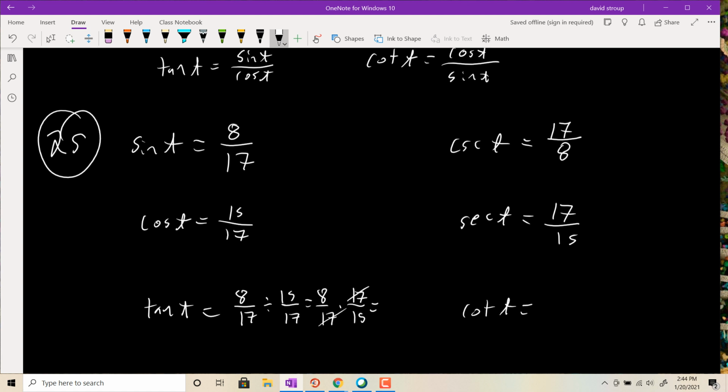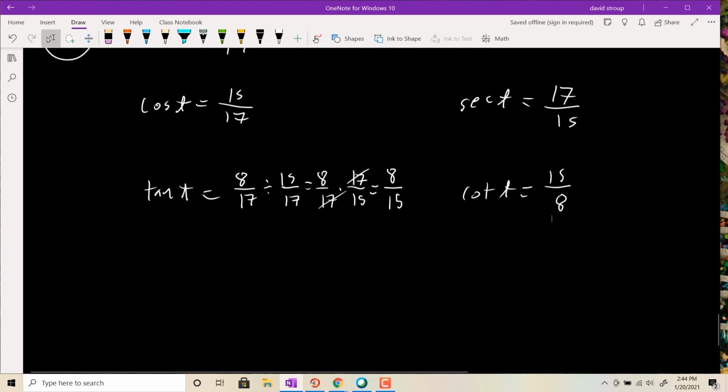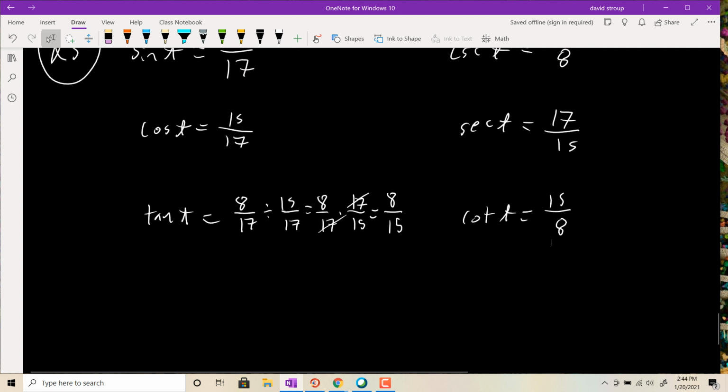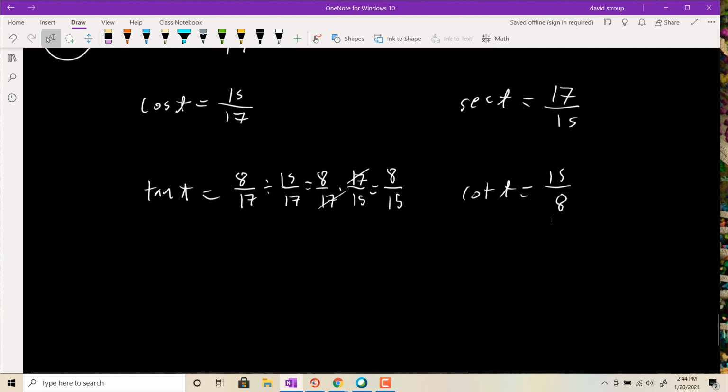And then the 17s cancel, and you have 8/15. Okay. And then cotan is just the reciprocal of that, so you just flip it, and you get 15/8. Okay. So it's a little time-consuming, but hopefully it's like riding a bike. Once you get on there and do it enough times, it'll become second nature.